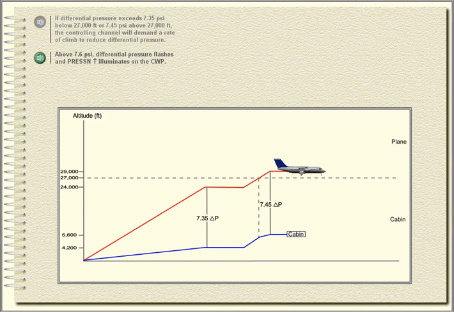Above 7.6 psi, differential pressure flashes and Pressurization illuminates on the central warning panel.